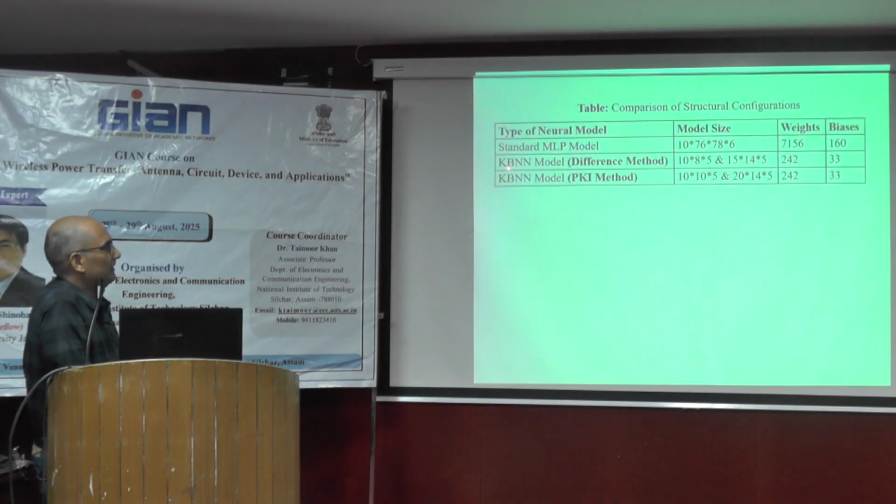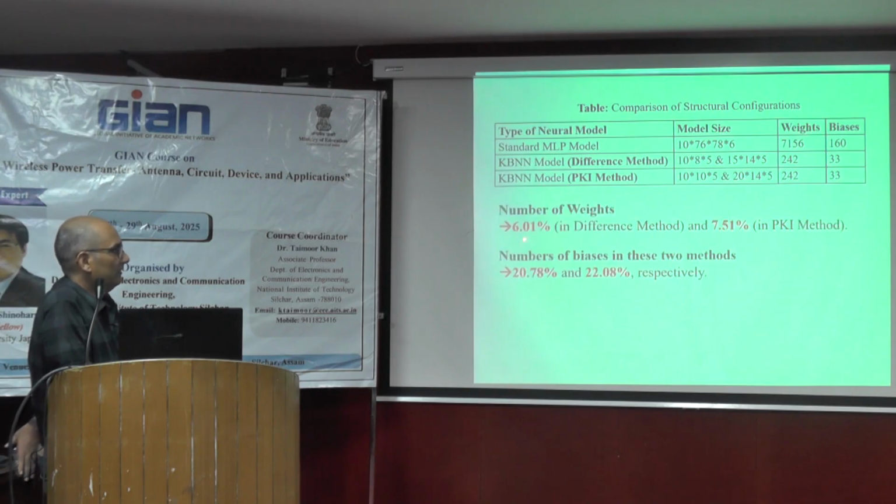Just see this one, standard 10, 76, 78 by 6, number of weights, number of biases, and it is in these two cases. Number of weights is only 6%, number of biases 7.51%.